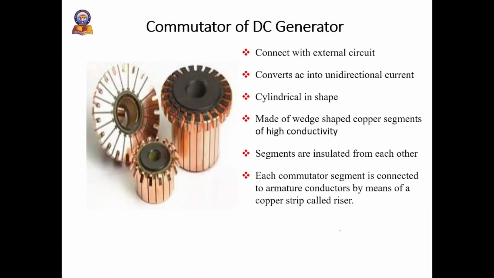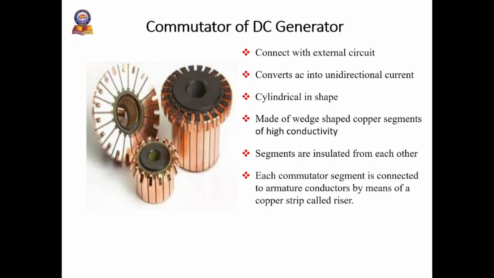Then coming to the commutator, the purpose of the commutator is that it converts the alternating current AC into a unidirectional current. That is, the alternating current which is developed is converted into unidirectional current.